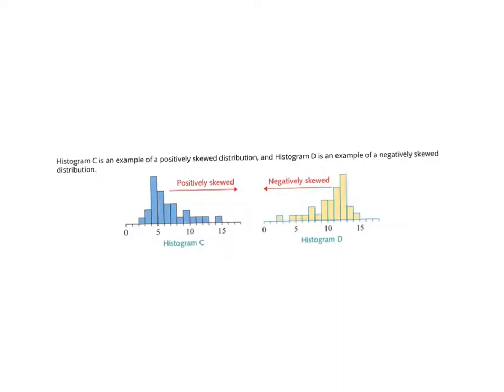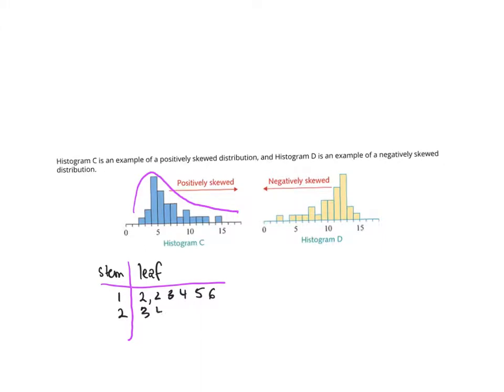Okay, so then we have other types of shapes, and here we have the positive skewed. That's when we have a lot of the data at the start and then it tails out. For example, if we had a stem and leaf plot, say this was a stem of 1, and I could have all these leaves out like this, and then what we might see is that it starts to die off like that.